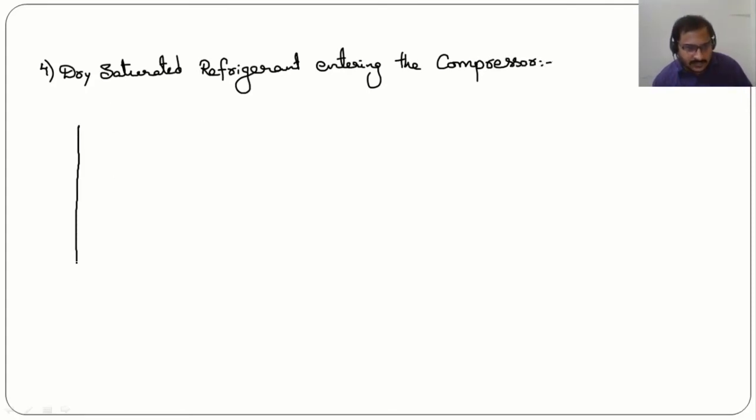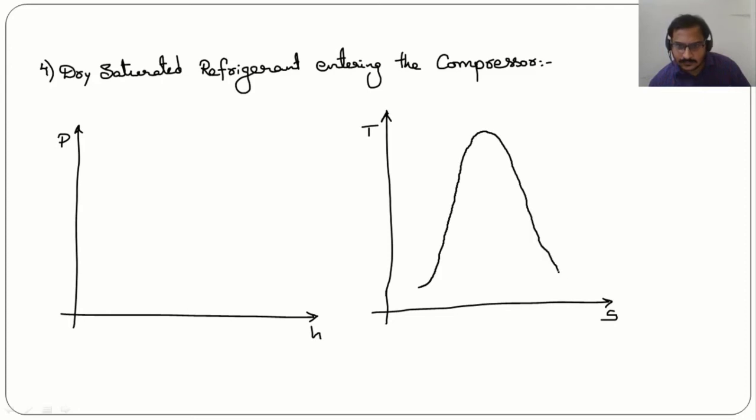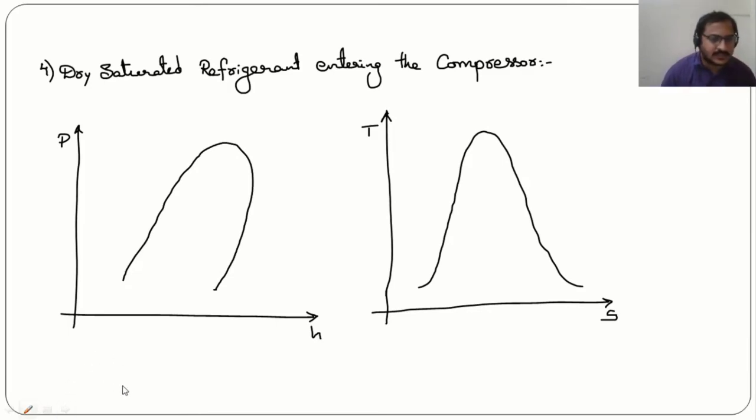Now let us consider the pH and TS diagrams here. Pressure enthalpy, temperature entropy diagram here. So pH diagram is like this. Now dry saturated refrigerant is entering into the compressor.